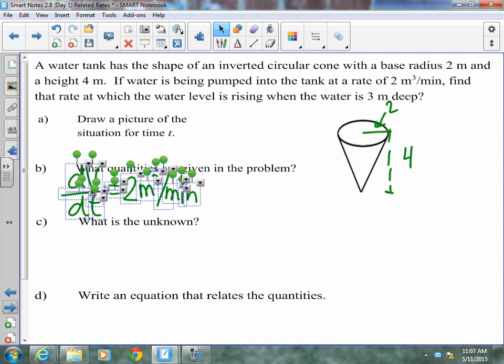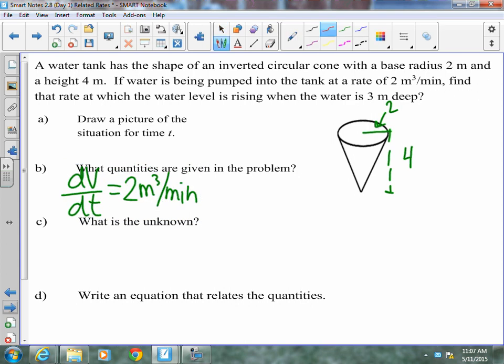Put that up here. That's a quantity we know. We also know that h is 3 meters. And we're trying to find the rate at which the water level is rising. That would be how the height is changing with respect to time.